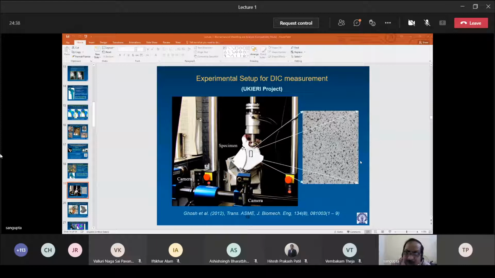In comparison, the full field digital image correlation technique gives you a distribution of displacement, strain, and stress in an area rather than a point. Okay, so it gives you much more information, and it is a full field technique, wherein you get a complete distribution. As I show you the results, you will clearly understand it.